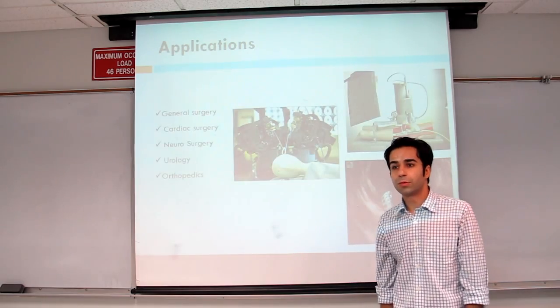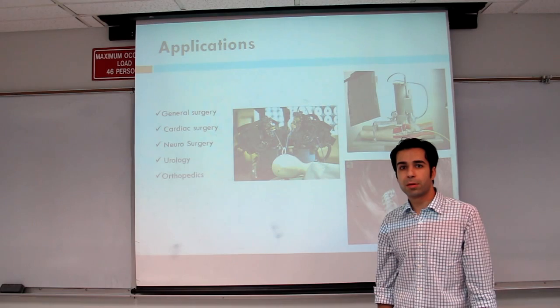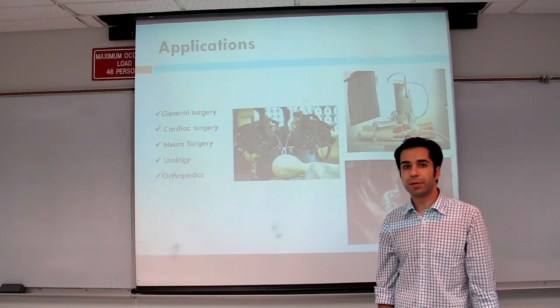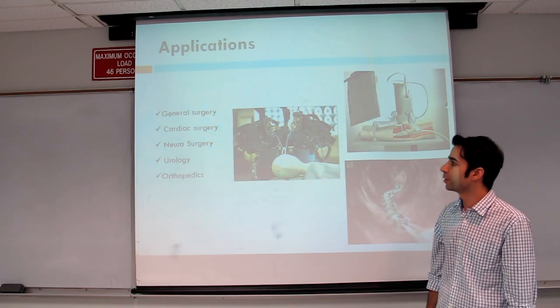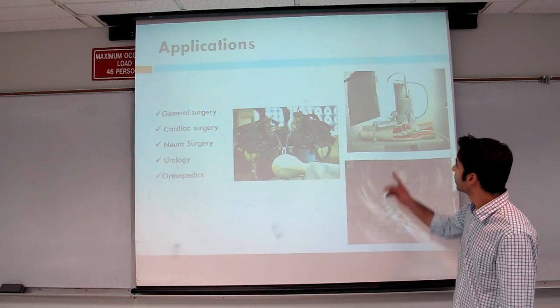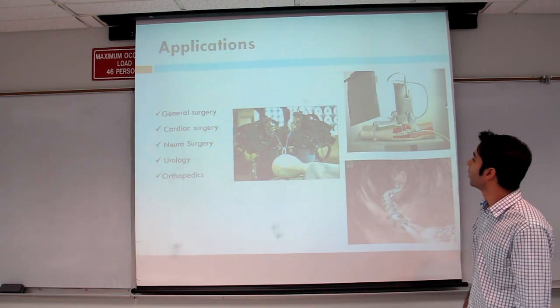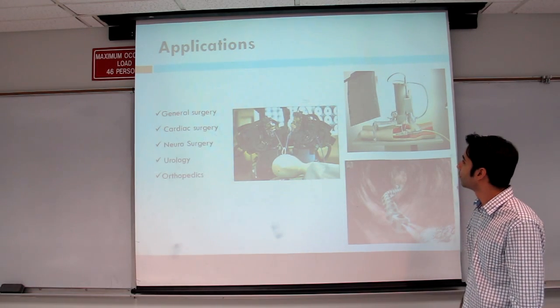As you can see here, these devices could have different applications in surgery: general surgery, cardiac surgery, neurosurgery, urology, and orthopedics. This picture shows the application of the device in hip bone drilling.